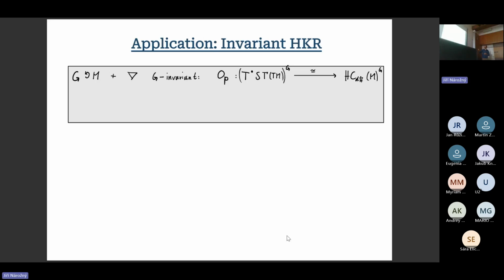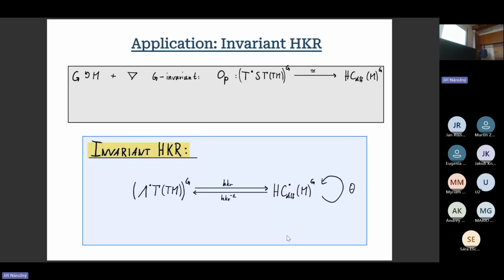So in our case, if we start with the Lie group acting, we can look just at the automorphisms given by the Lie group action. And since the symbol calculus is equivariant and all the Fernes constructions are equivariant because they are functorial, we can also restrict our HKR maps in the end.